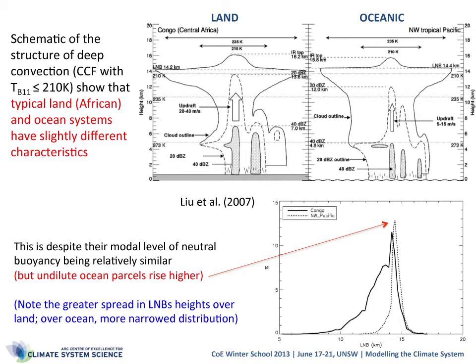The modal values over land are about 14.2 kilometers in the tropics, whereas over tropical oceans it's 14.4. So there's not much difference. But you can notice that the spread in the LNB heights over land varies a great deal as compared to the ocean, where you have a more narrow and peaked distribution.